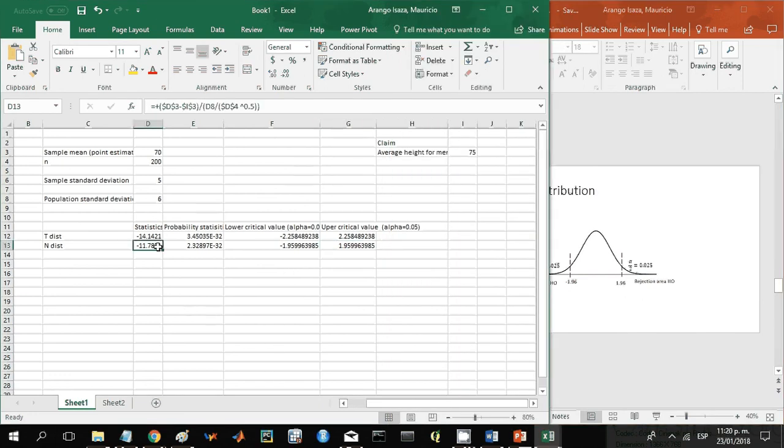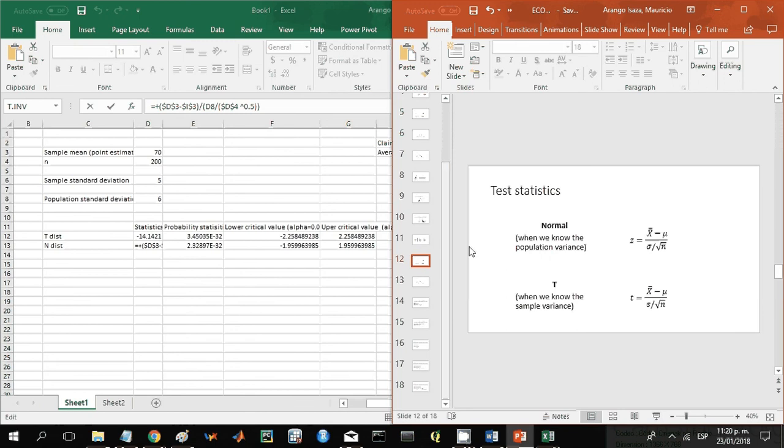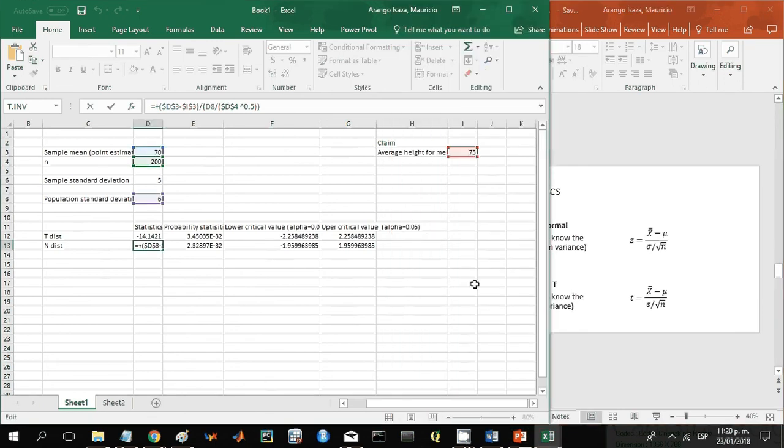With the normal distribution, the only thing that changes is that now you're going to use the population standard deviation. That is this purple cell in here. The way you calculate the test statistic is going to be pretty much the same as we did with the t statistic.